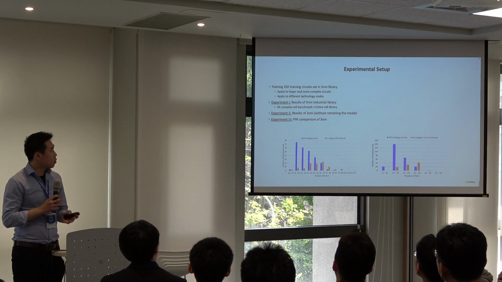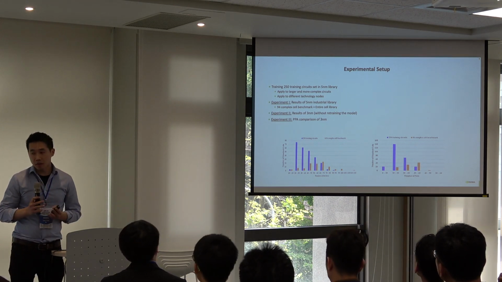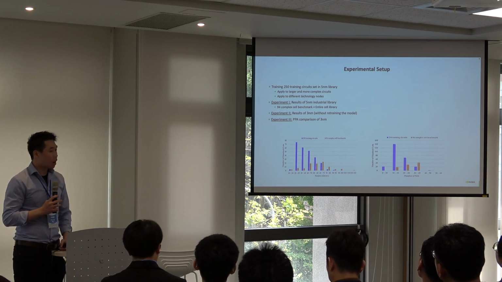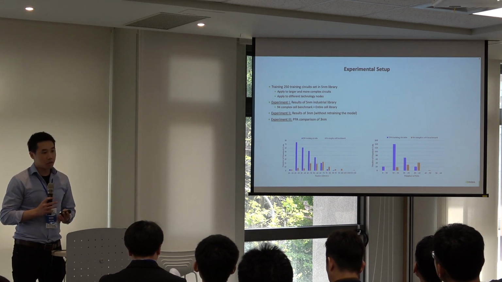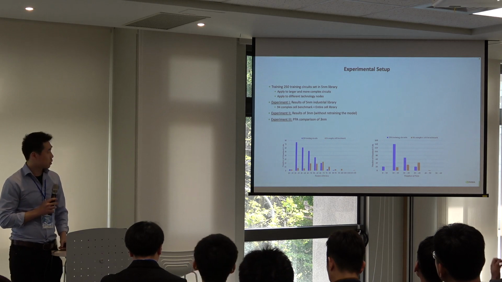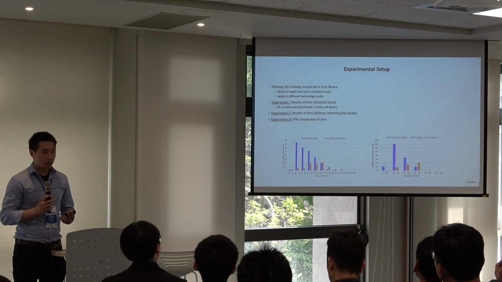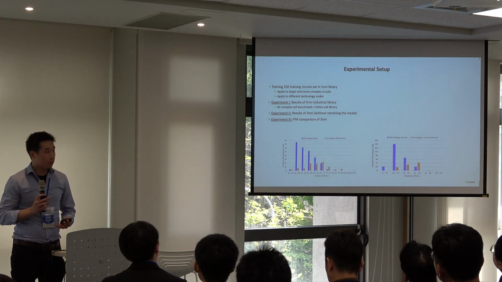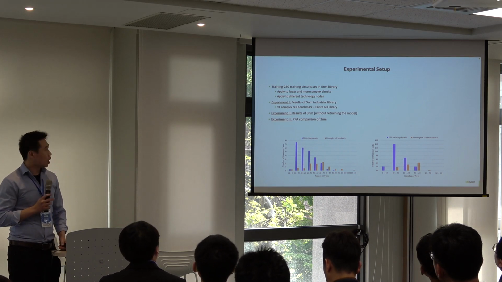In experiment one, we mainly focus on the 5nm technology node, and we apply our approach to the 94 complex cell benchmark and also the entire cell library, which is around 1,000 cells. In the second experiment, we apply our model directly to the 3nm technology node without retraining the model. And the third is the PPA comparison at 3nm.